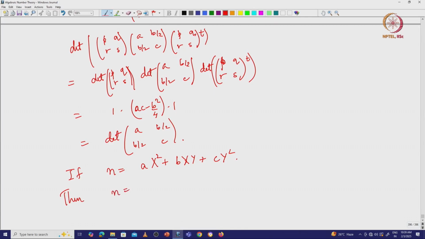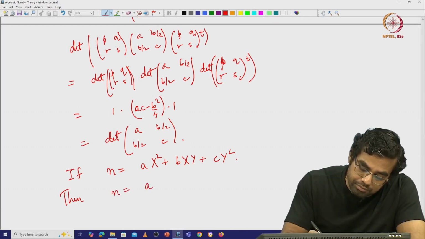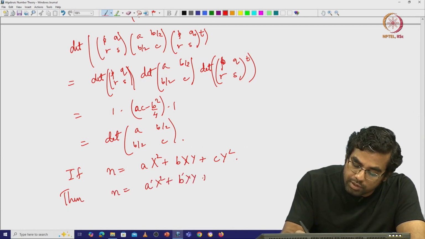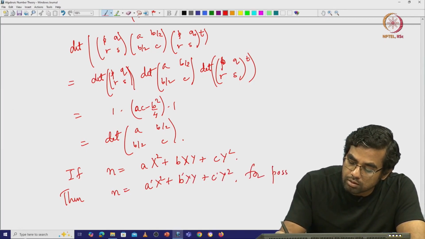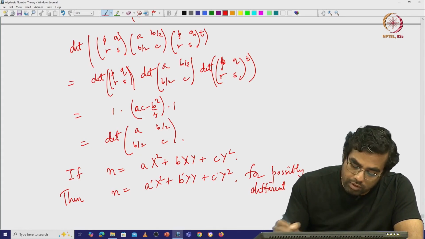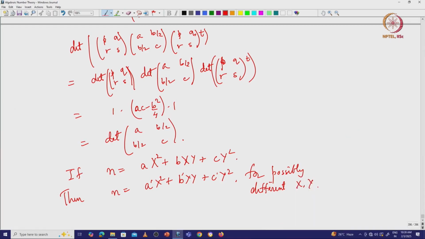Then n is also equal to a' x square plus b' xy plus c' y square for possibly different x and y. What is the x and y that you get? Another way of writing n is (x, y) [a b/2; b/2 c] (x, y) transpose.